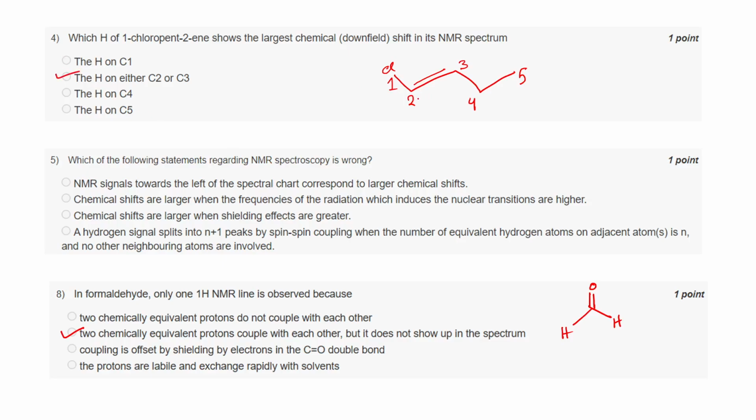The C2 will be most downshifted because of the electronegative chlorine. That point you have already got. And due to this double bond, the effect is going to show up on this second proton also. The third proton is the next downfield one, and then the first will come into place. I guess something like that.